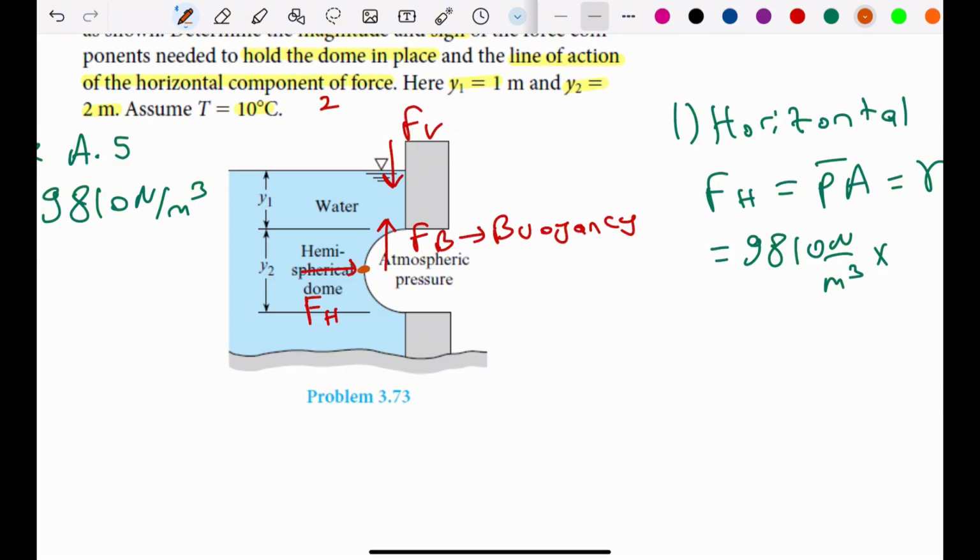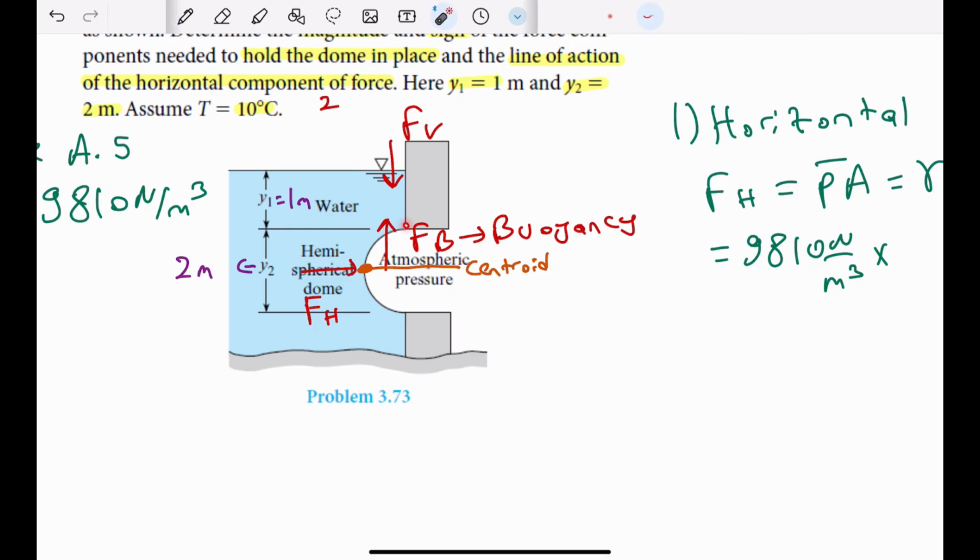So we can make a sign here. So this is actually centroid. And we need to find the distance from the water surface to the centroid. So this value was 1 meter. And here we have 2 meters.